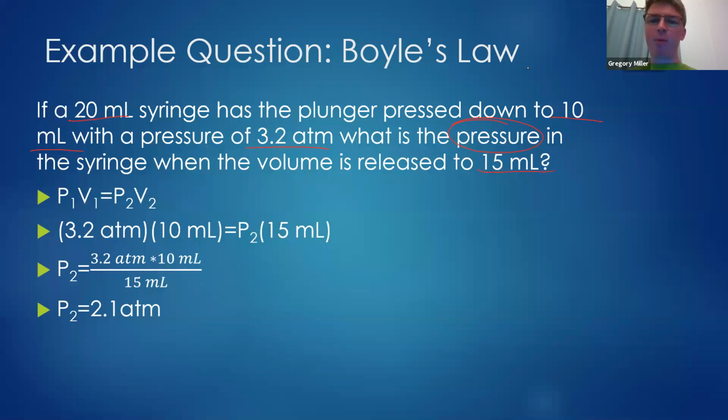So we were given a lot. We were given 3 volumes, 1 pressure, asked to find another pressure. But we were asked to find the pressure at 15 milliliters, and we were told the pressure at 10 milliliters. We don't have any other information for this 20 milliliters. That's just the volume of the syringe. It doesn't actually matter. So we don't care about that 20 milliliters.